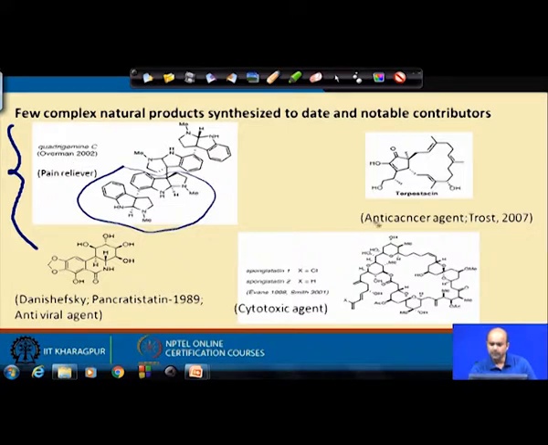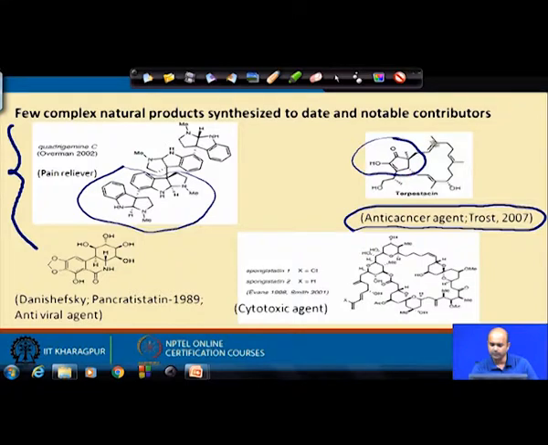A molecule like terpestacin is an anti-cancer agent and was synthesized by Professor Barry M. Trost in 2007. See its structure, it is a core cyclopentanone containing compound, functionalized at the 2 position and 3 position with a large ring having a couple of hydroxy groups.